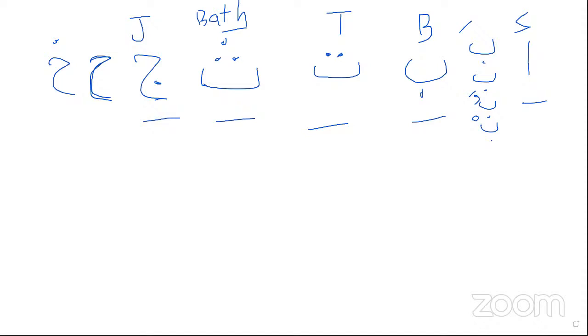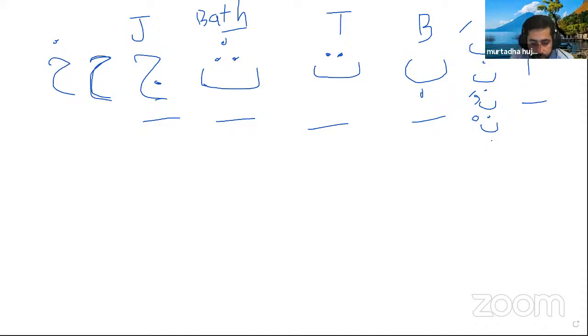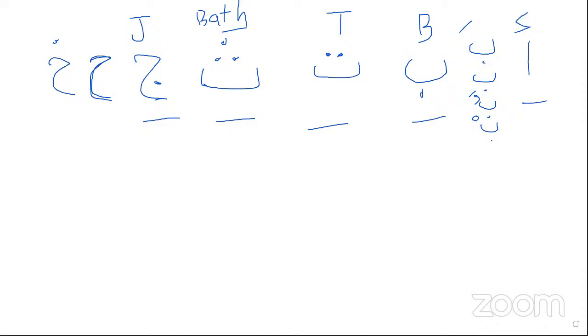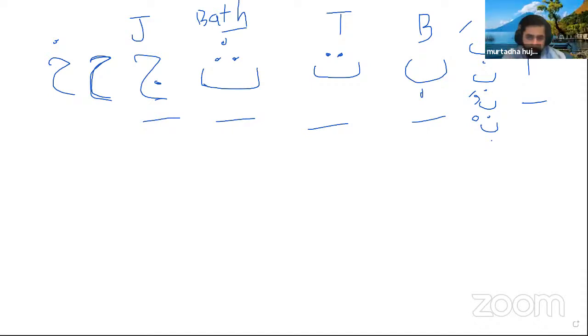How to say cucumber? Khiyar. So alif, ba, ta, tha, jim, ha, kha.